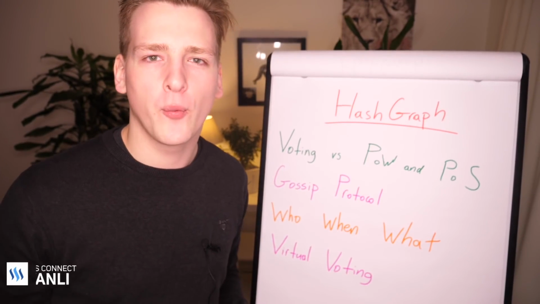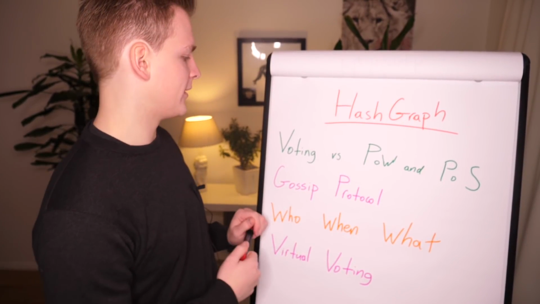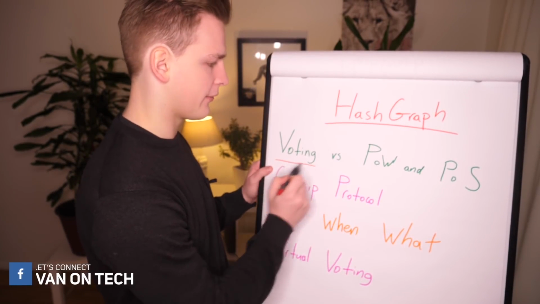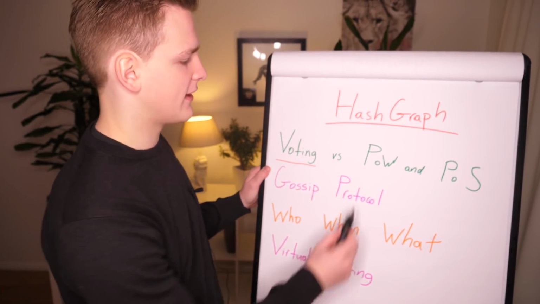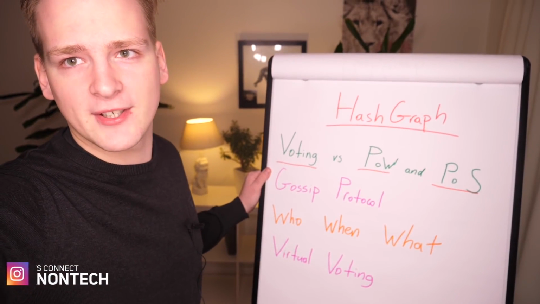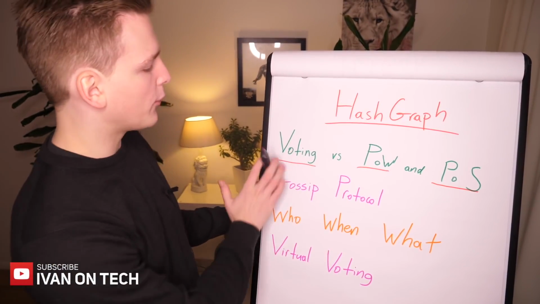So HashGraph is a new way of reaching consensus in a decentralized network. First of all, we have to understand the difference between voting algorithms and algorithms such as proof of work and proof of stake. Because HashGraph really wants to be a voting algorithm.